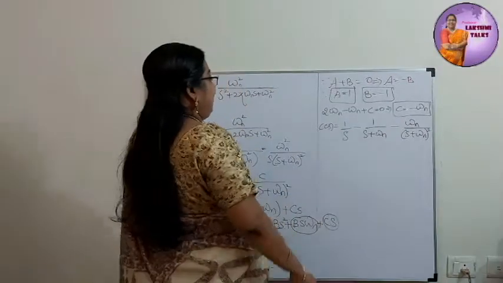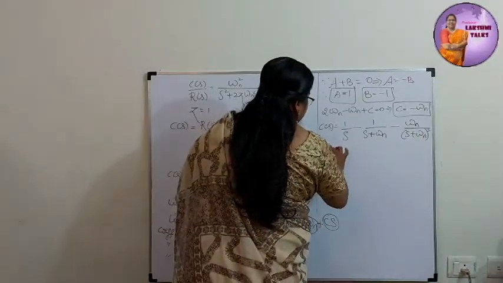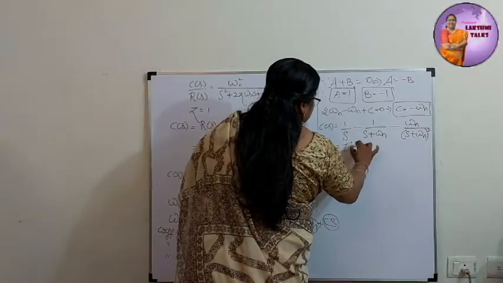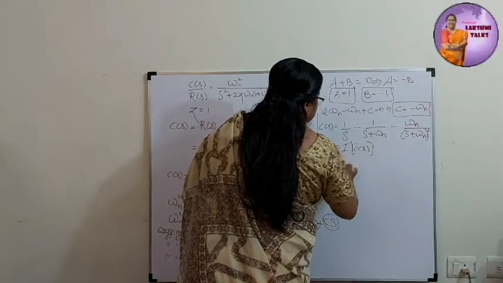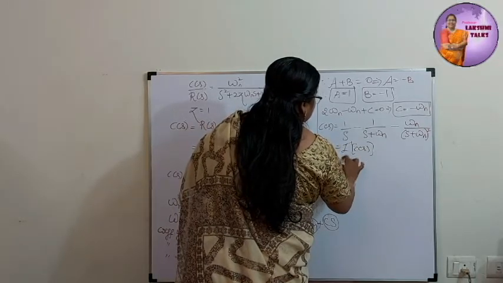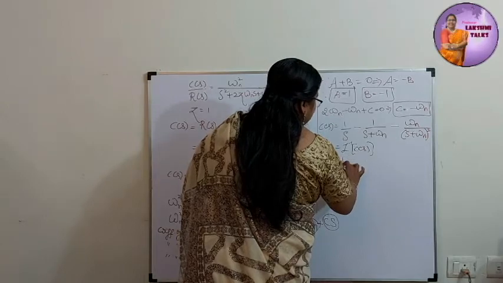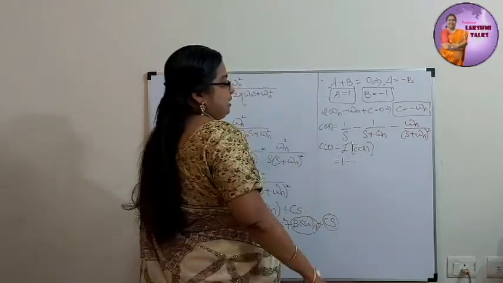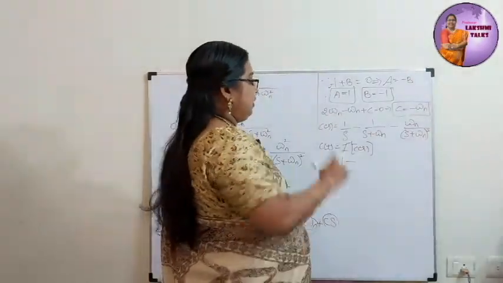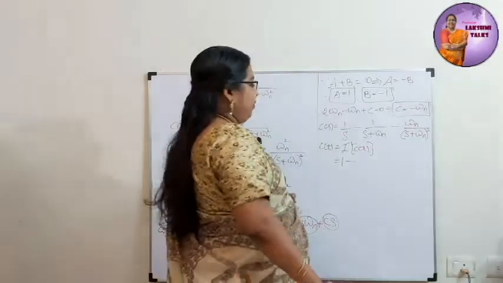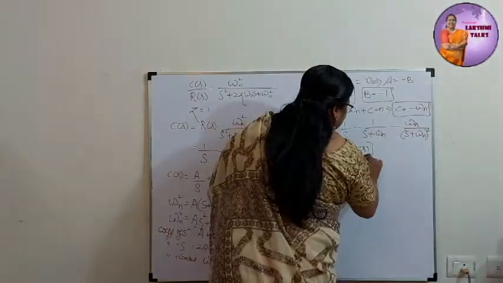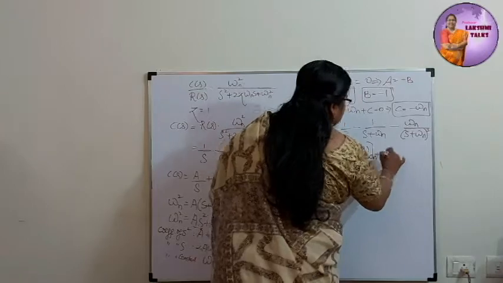Right? So when we take Laplace inverse, C of t is nothing but Laplace inverse of C of s. So 1 by s is just 1. And what about this? We know that it is of the form 1 by s plus a, which is nothing but e power minus omega n t.